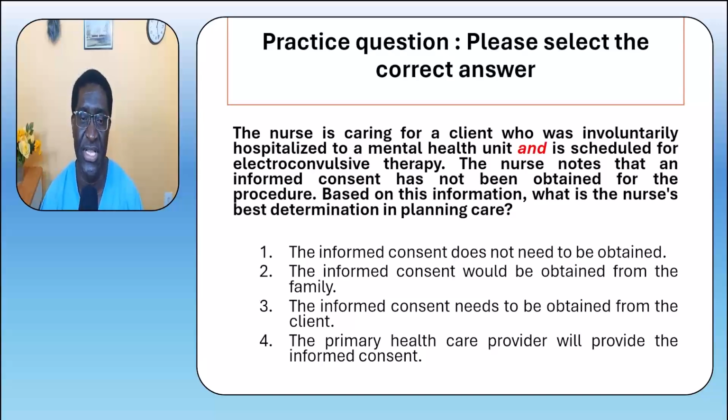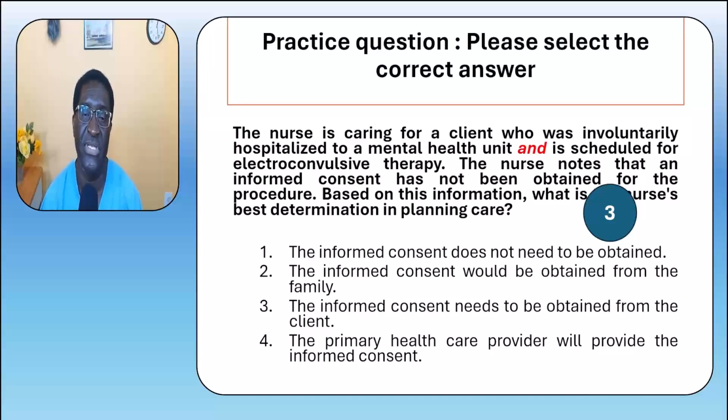The nurse notes that an informed consent has not been obtained for the procedure. You are zeroing in on informed consent. So if you take a closer look, what are you planning towards? What is the best determination in planning that? So when we take a closer look, our answer is going to be 3.